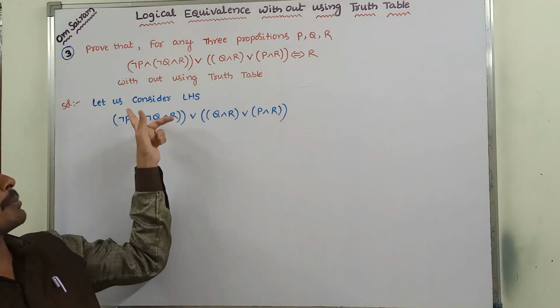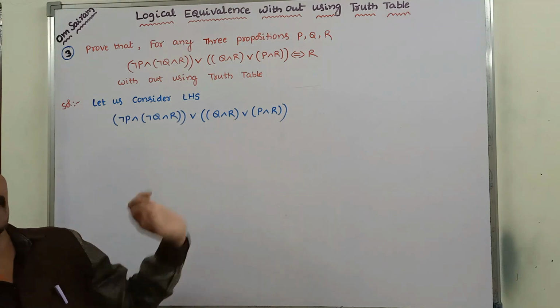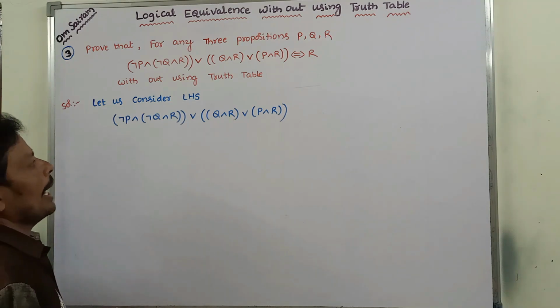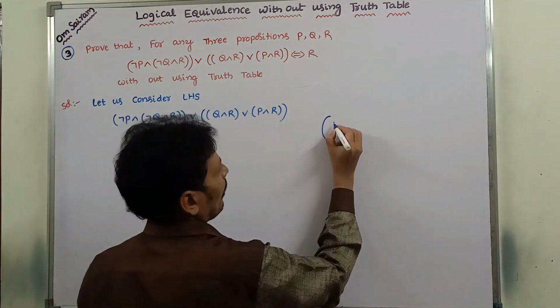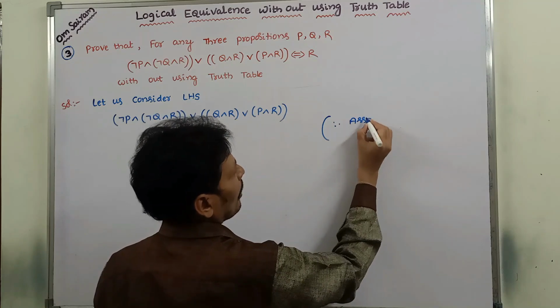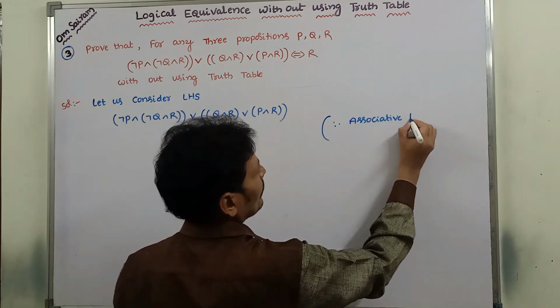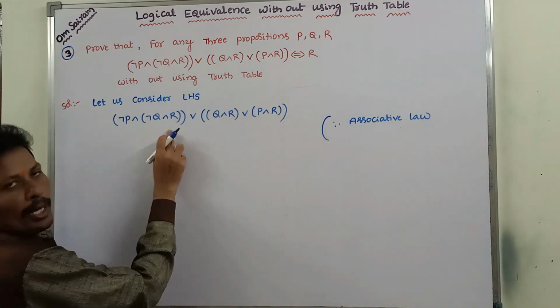For that, I am taking the LHS part. The LHS part is this one. Now here I am applying two laws. The first one is the associative law. So I am applying the associative law for this part.